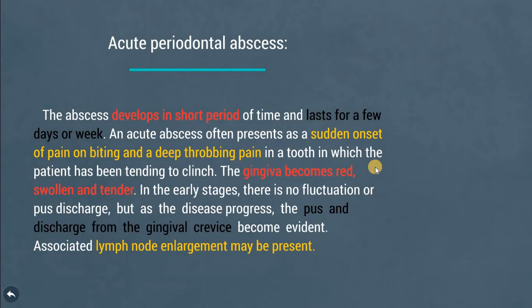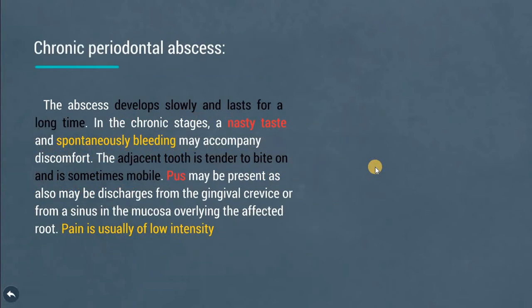Sometimes pus may discharge from the gingival crevice, and there will also be lymphadenopathy or regional lymph node enlargement. While the chronic periodontal abscess develops slowly and lasts for a long period of time.